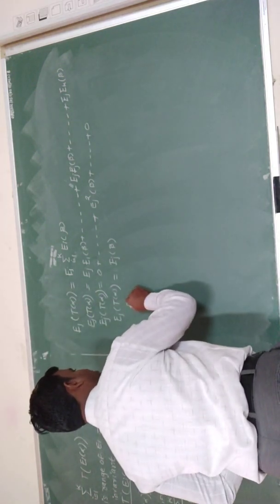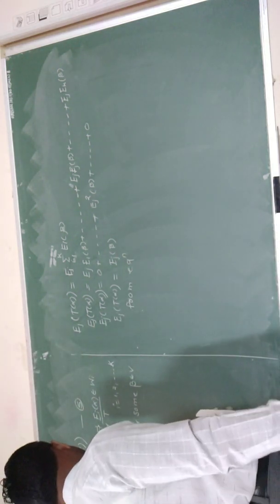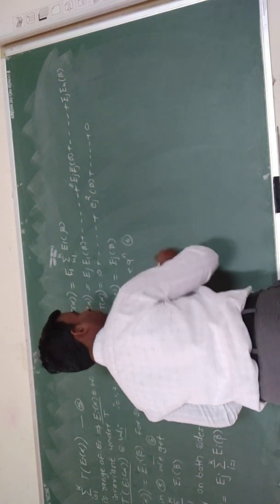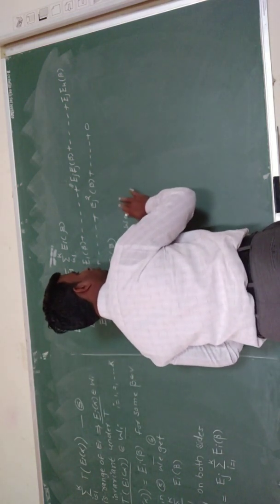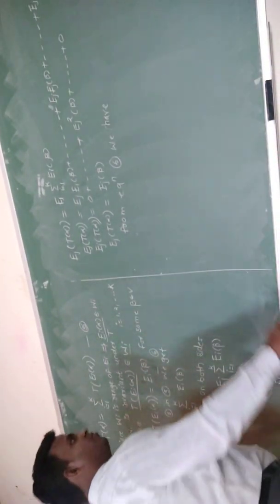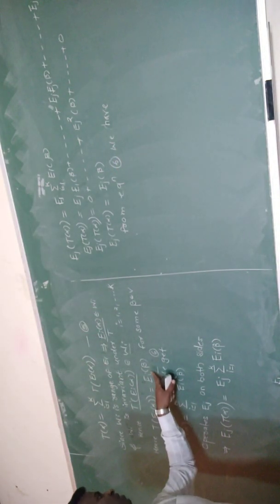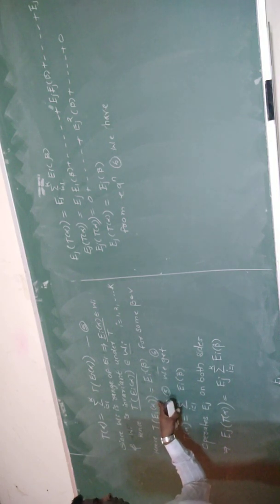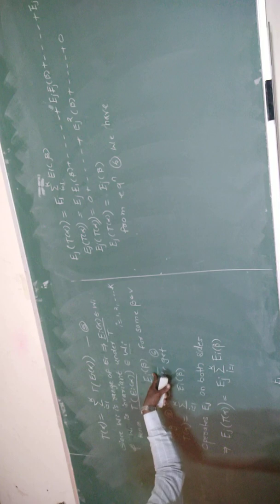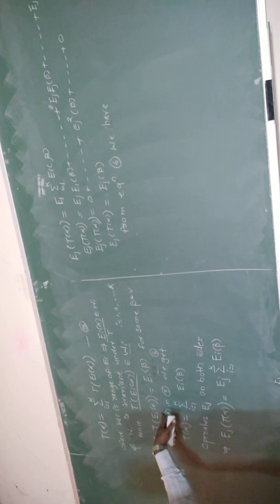But from equation number 6, E_i of beta is equal to T into E_i of alpha. Replacing i by j, we get E_j of beta is equal to T of E_j of alpha.